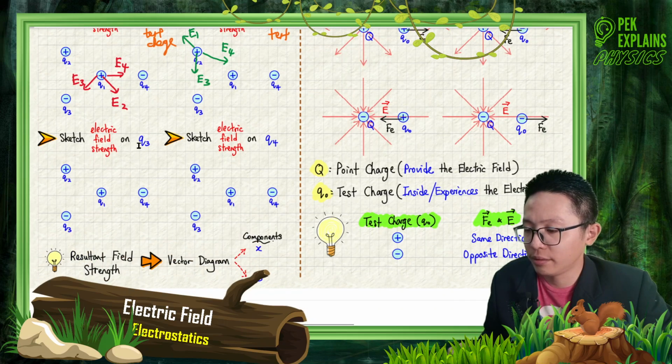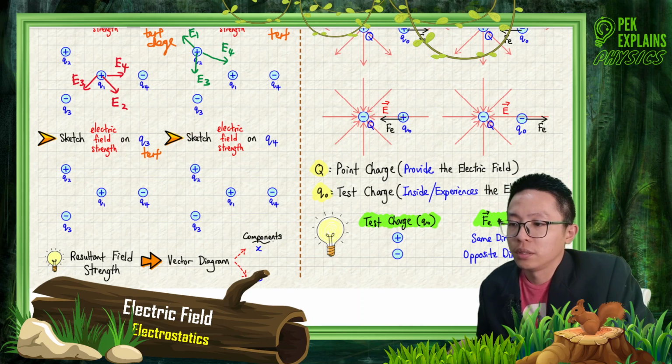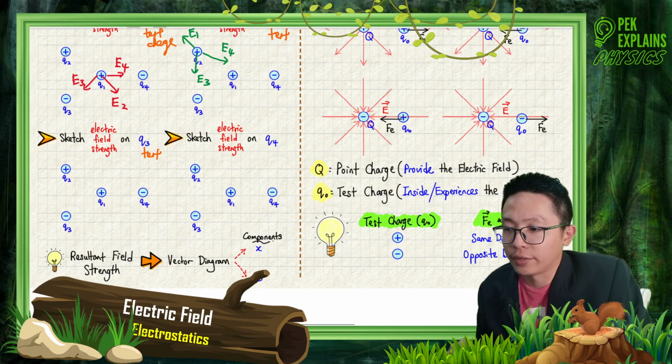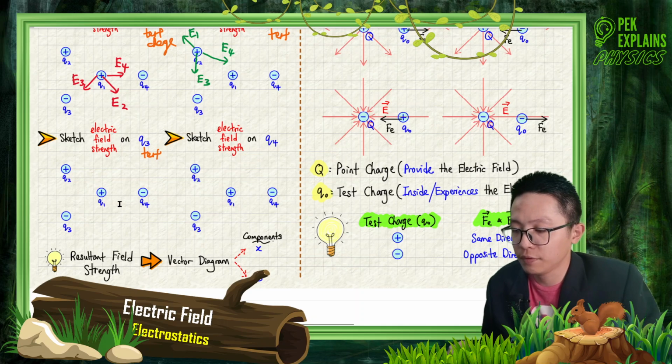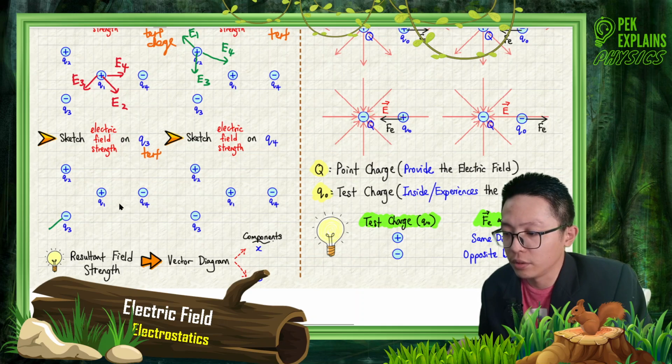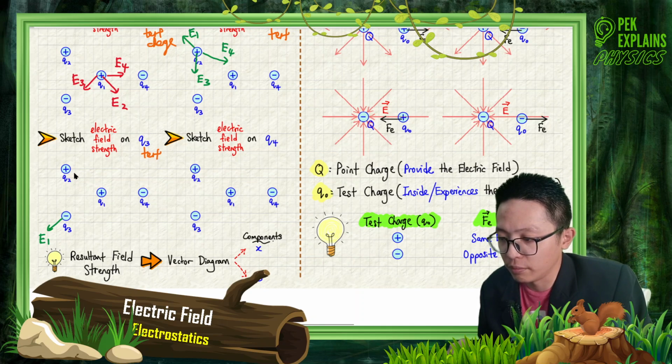Okay. Now, how about the sketch of the electric field strength experienced by Q3? Now the test charge is Q3. So now I draw the electric field. Q1 first. Q1 is positive, so going away. E1. And Q2 is positive, so going away also, away from Q2.